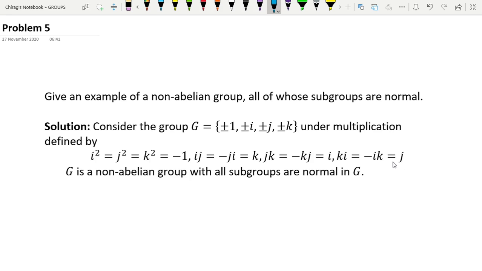This we can show is a group under multiplication, and it is non-abelian clearly, because ij is not equal to ji. So it is a non-abelian group. And we can also show that every subgroup of G is normal in G. This is a very standard problem. You can take any standard textbook, and there you can find this example.